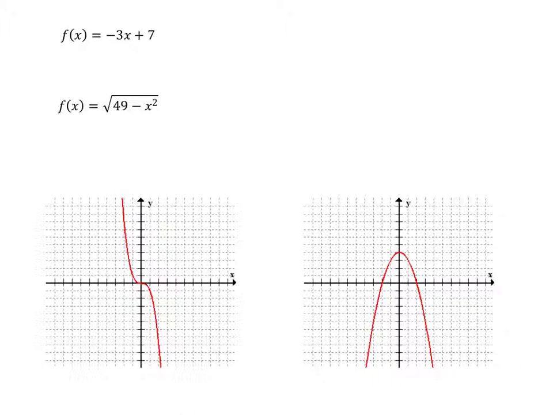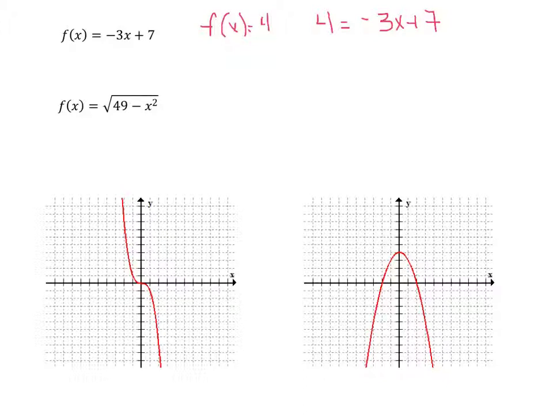Here we're asked to take a look at a few different functions and see whether or not each is one-to-one. One way to do that is to just pick a value for y and solve the function. So on this first one, I might let f of x be equal to 4. So this is 4 is equal to negative 3x plus 7.